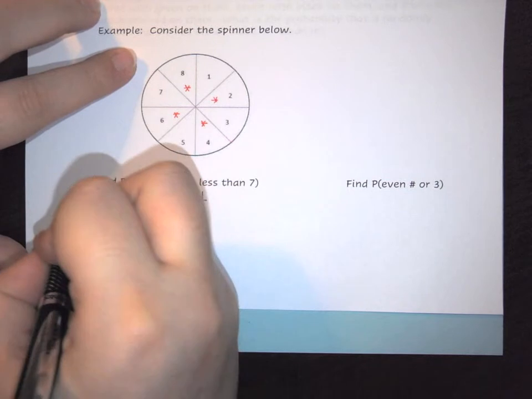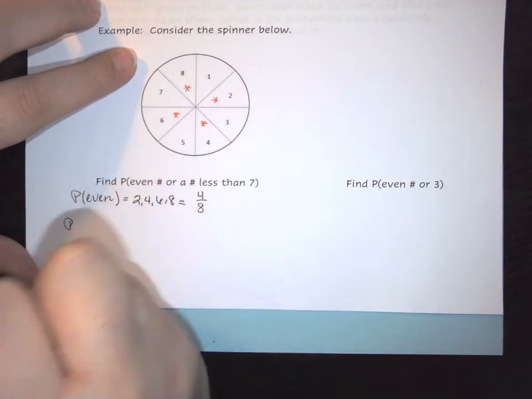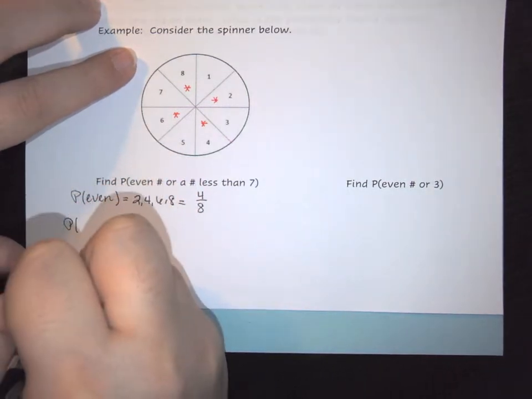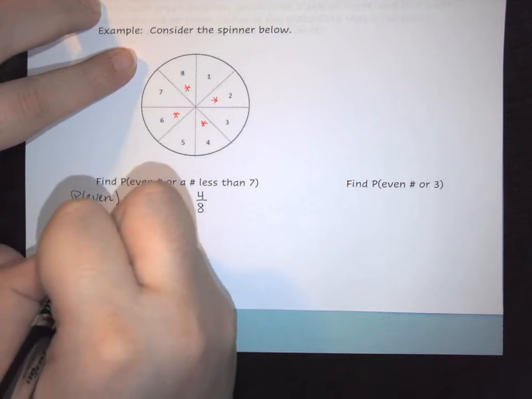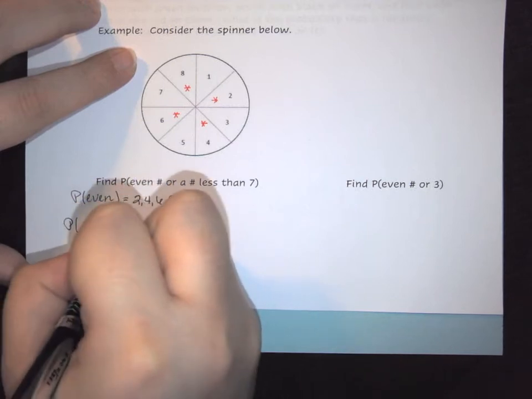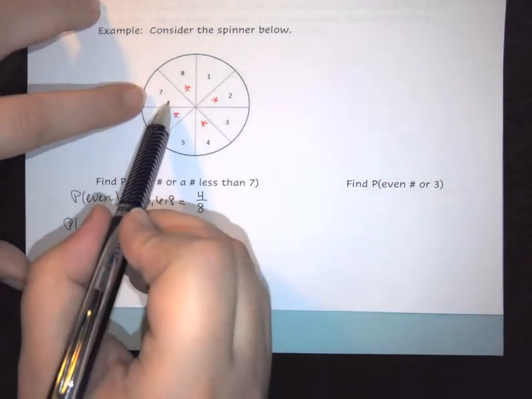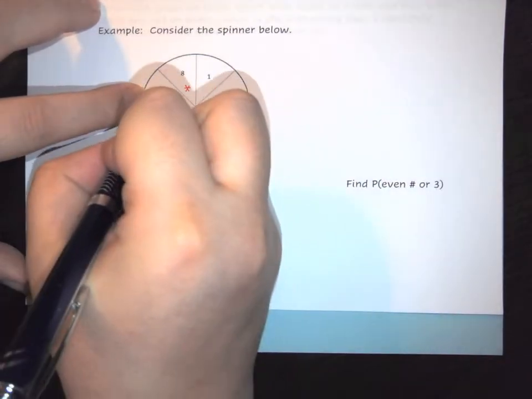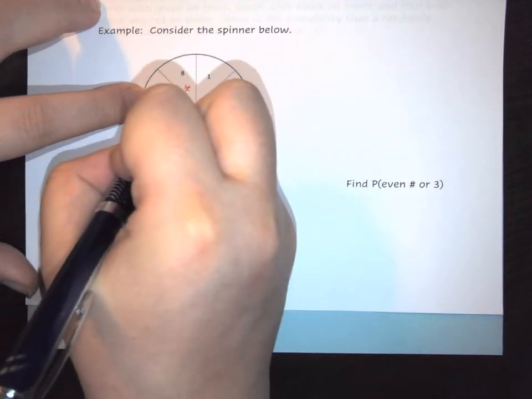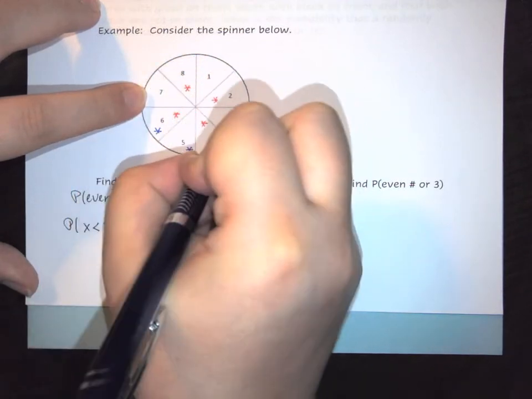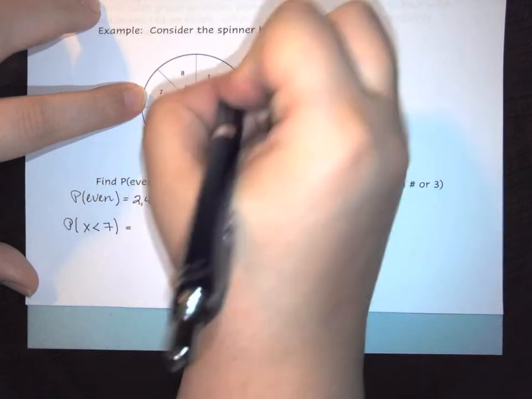Now the second case I have to look at is the probability that I'm going to have a number so that x is less than 7. So for that to occur, I'm now looking at a second probability. So here is my 7. I want numbers less than that. So I am looking at 6, 5, 4, 3, 2, and 1.